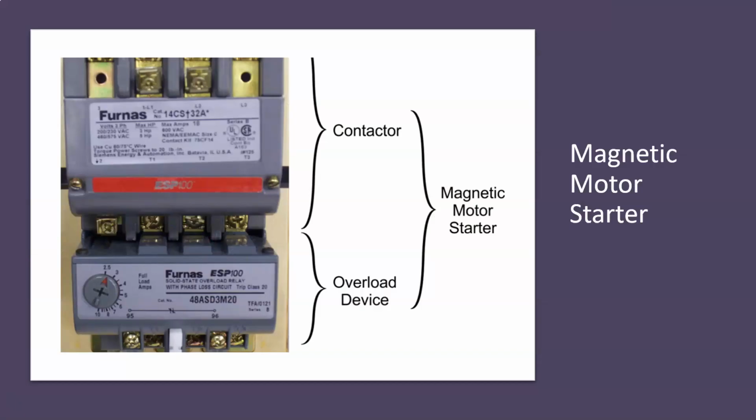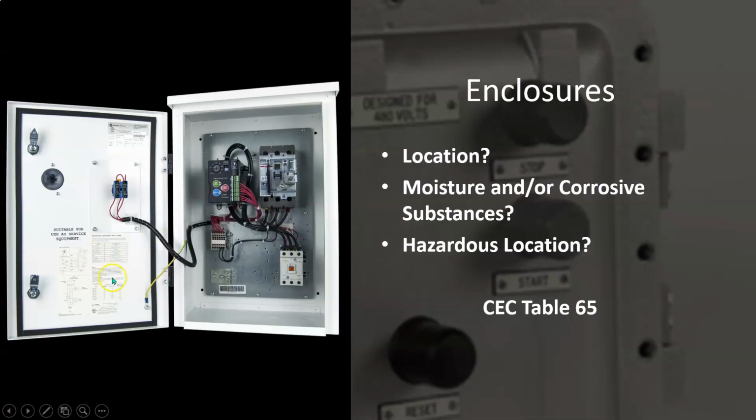Alright, so to get started, we talk about enclosures. Right? There's a real quick statement here. We talked about enclosures in first year from table 65, and I believe it was rule 2400. Right? You've got to pick the proper enclosure for the proper device. You've got to look at the location it's located in. Is there moisture or corrosive substances or material around, flying particles, dust?